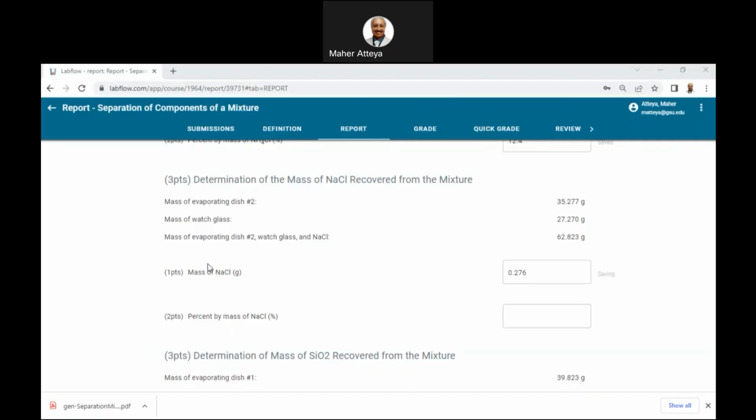And this is 0.101 divided by 0.812 multiplied by 100, which is 12.40.